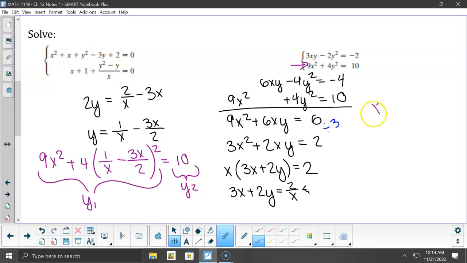Let me double check. Nope, positive and negative 1. And then positive and negative, I think it's square root of 2 over 3. And then once you've got those two, you would plug them back in and solve for y. But yeah, I'm not giving you anything that gross on a test.